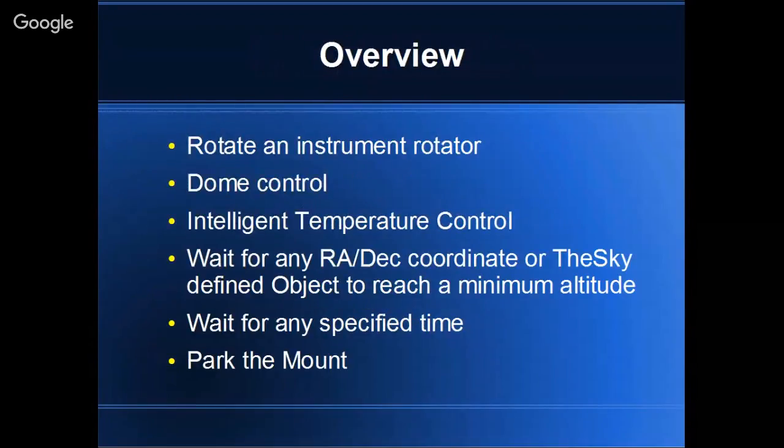You can run all the automation devices like the focuser, camera, mount, rotator, dome control. It has intelligent temperature control, which means it has the ability to bring the temperature down gradually and bring it up gradually at the end of the session.